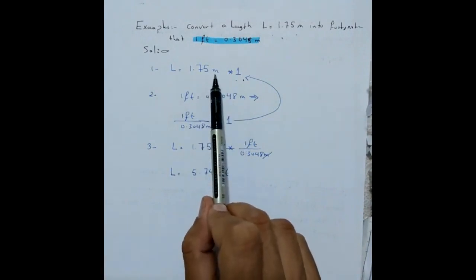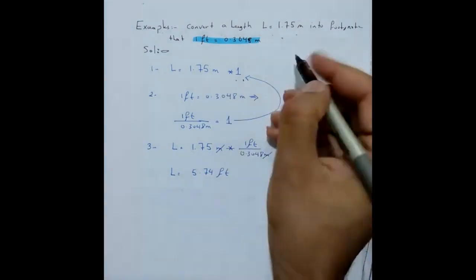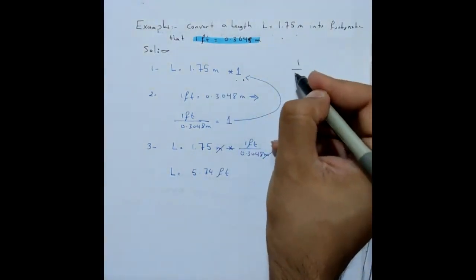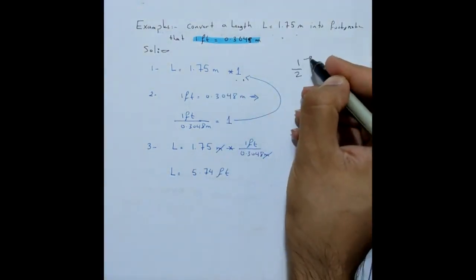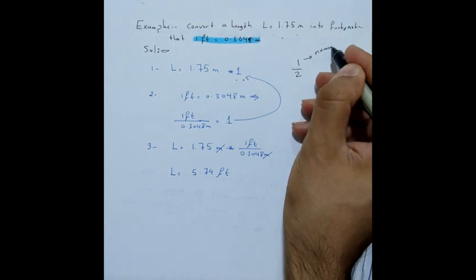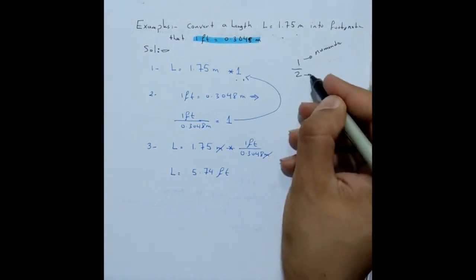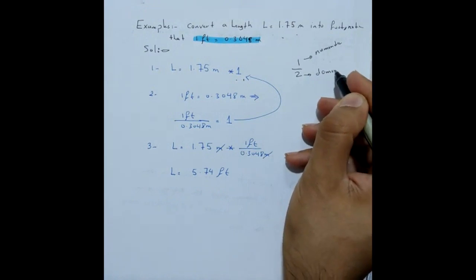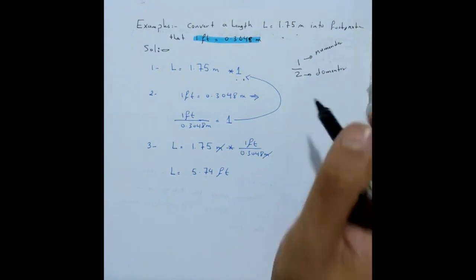Because you have meter in the first step as a denominator. You know that when I say 1/2, this one is the numerator and this one is the denominator.